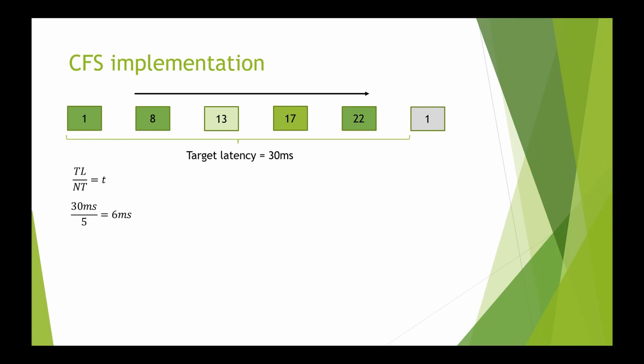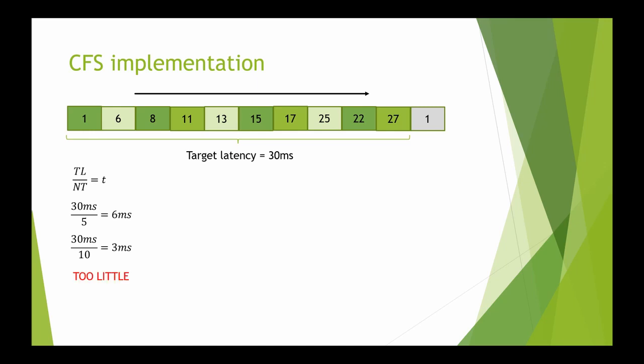However, what would happen if instead of having 5 tasks we had 10? Then we would plug in our values again and we would have 3 milliseconds. Now, what happens if 3 milliseconds is just too little and there is not enough time remaining after doing a context switch? What we do in this case is we use the minimum granularity.